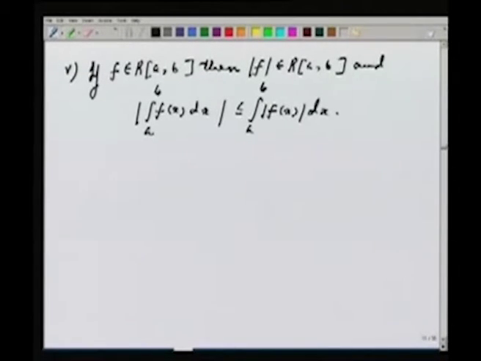We will see that this inequality has fantastic applications. Most of the important theorems will need this inequality.